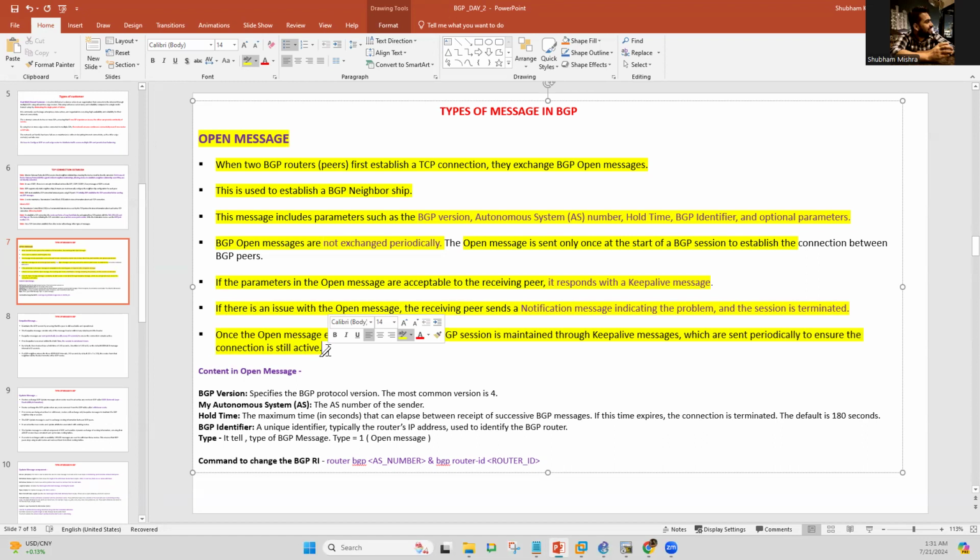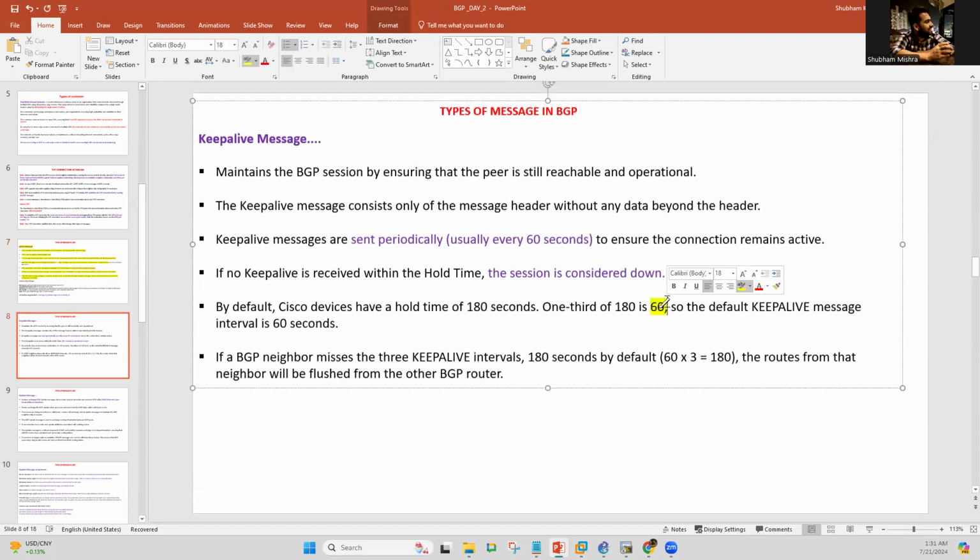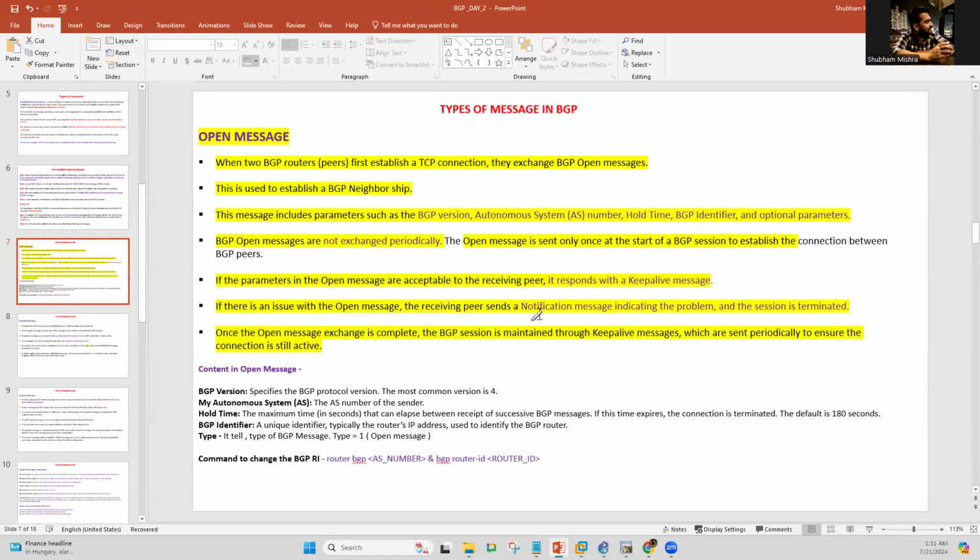But the use is to maintain the BGP session, because routers exchange the keepalive message after every particular period of time. What is the time? 60 seconds. It means after every 60 seconds, the router exchanges the keepalive message.